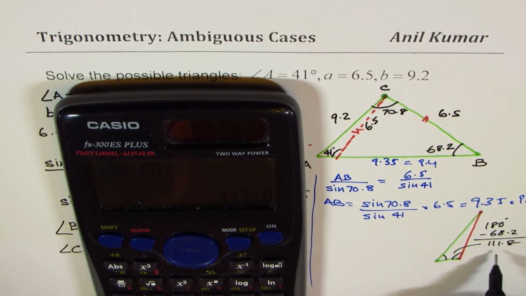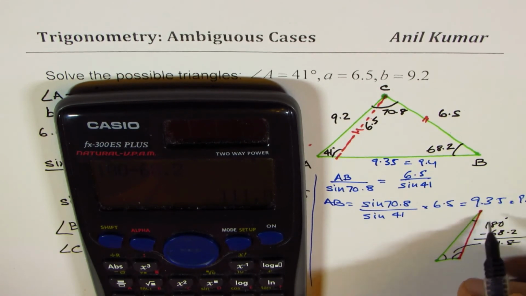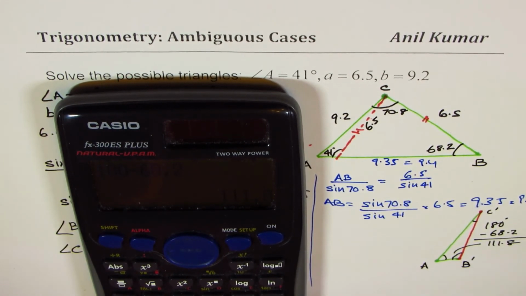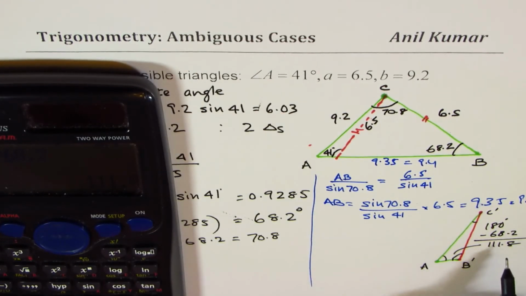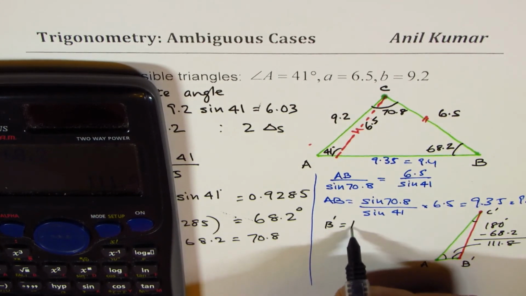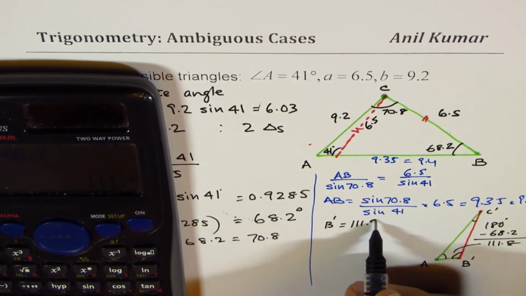Let me call this C dash, so I'm making this triangle A, B dash, C dash, with B dash equal to 111.8.